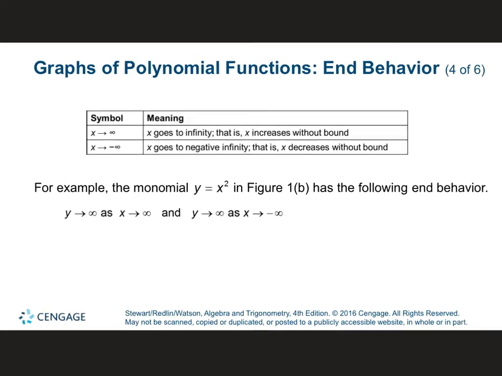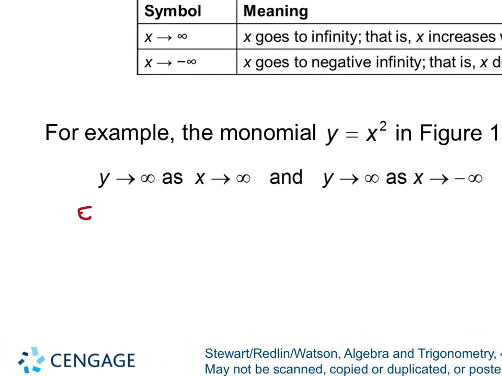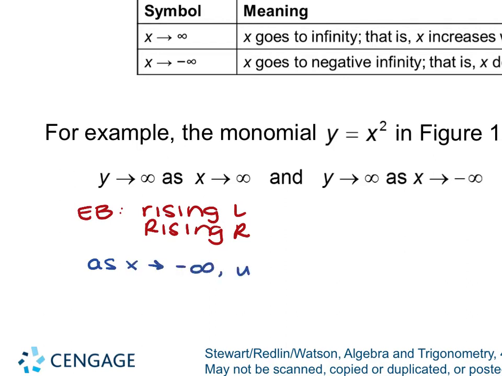So let's just say your end behavior was rising left, rising right. So this is obviously an even power function like we have here with y is equal to x squared. If this is what our ending behavior was originally, to put it in end behavior notation, we're going to say as x goes to negative infinity, y goes to what?